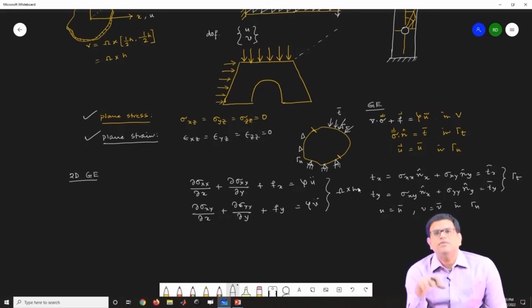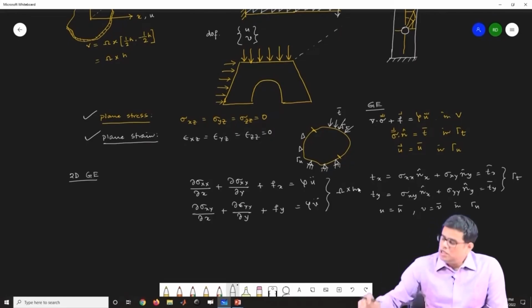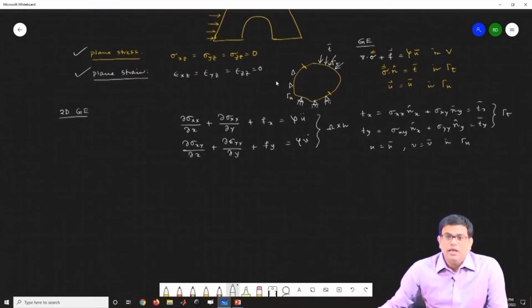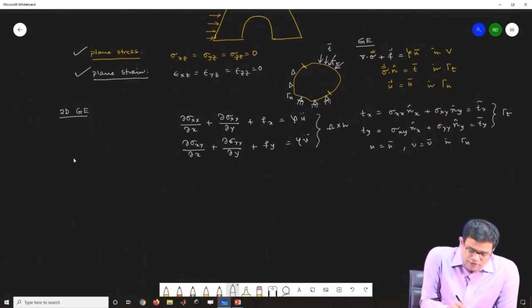So now for this differential equation, our main job is to construct its weak form. But before we construct the weak form, we need to know the constitutive equation, because σ is a stress quantity. So let us first define the strain quantities.